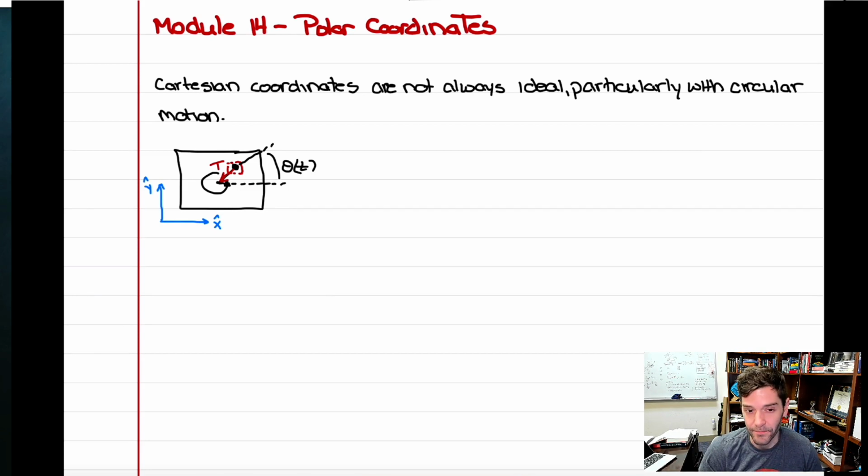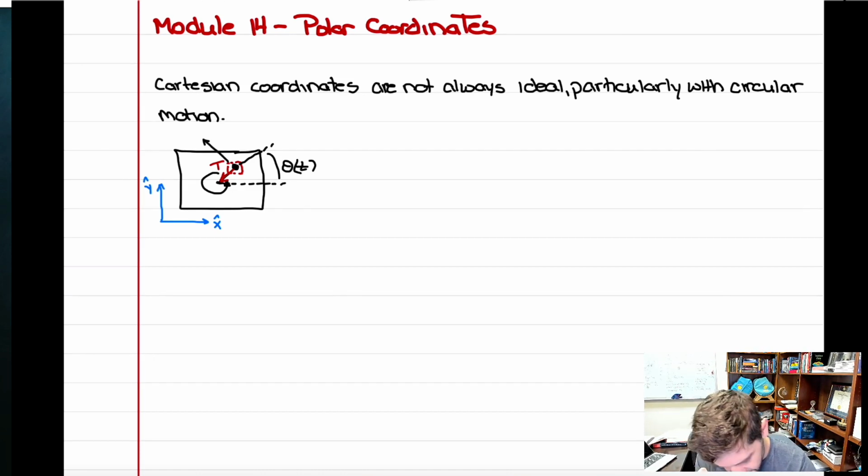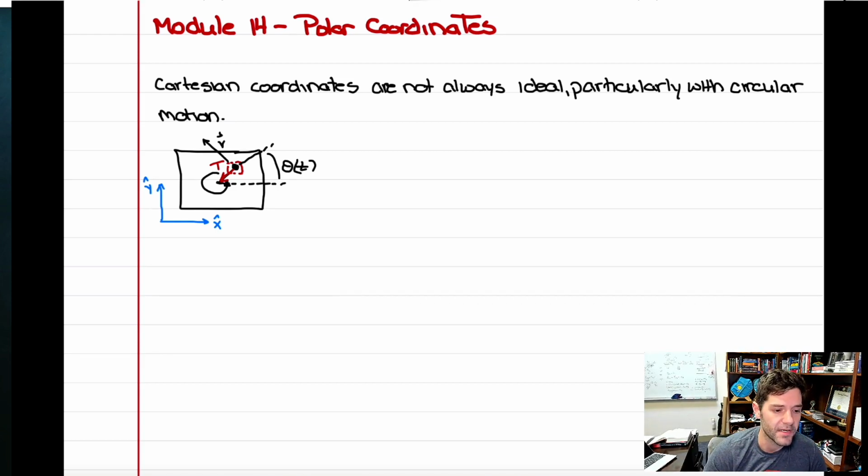Particularly if you think about it, in this case where you have the ball on a string and it's spinning in a circle, the tension force always is pointing towards the center of the circle. And as long as the string is not allowed to change length, the velocity is also always perpendicular to that force vector.